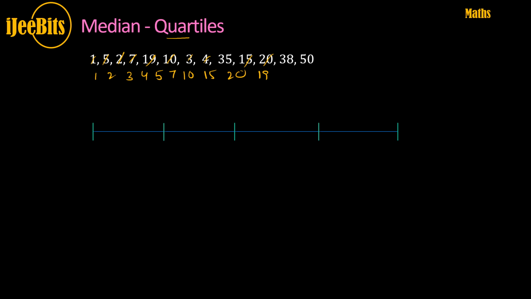What else? 35, 38, and 50. Right? So if you look at it now, how many observations do we have? 1, 2, 3, 4, 5, 6, 7, 8, 9, 10, 11, 12, 13. So we have 13 observations.